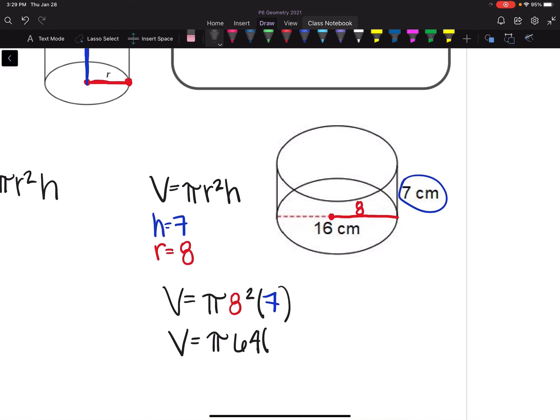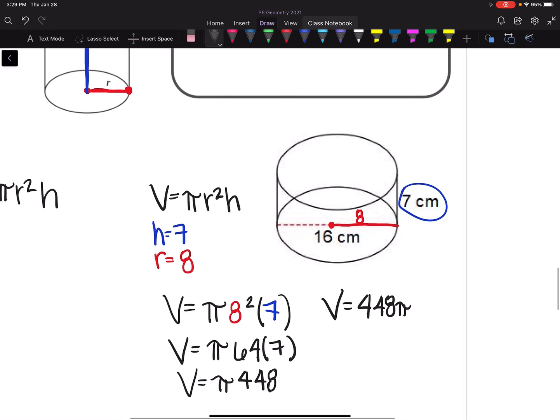And we're going to multiply that by 7. We get pi times 448. Again, we want to write our final answer with the number first. So it's 448 pi, and our units are centimeters here, so it's centimeters cubed.